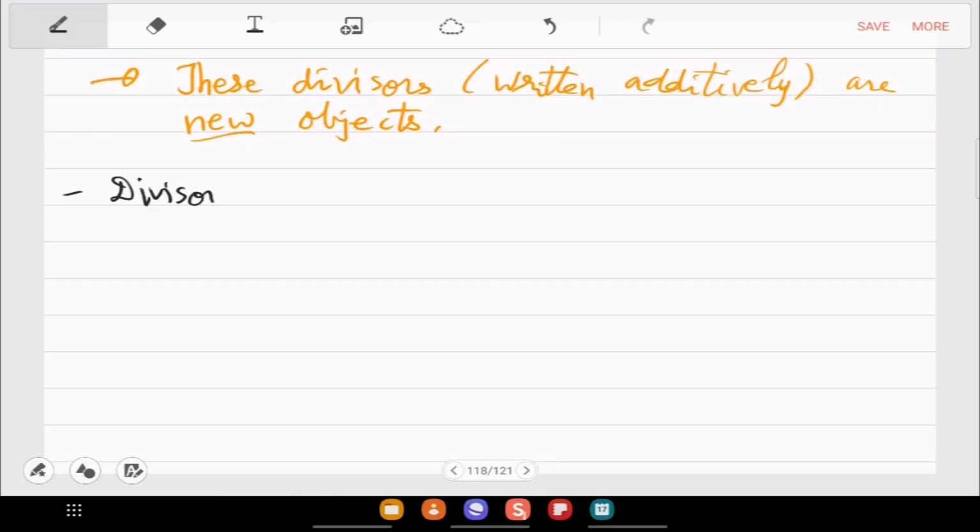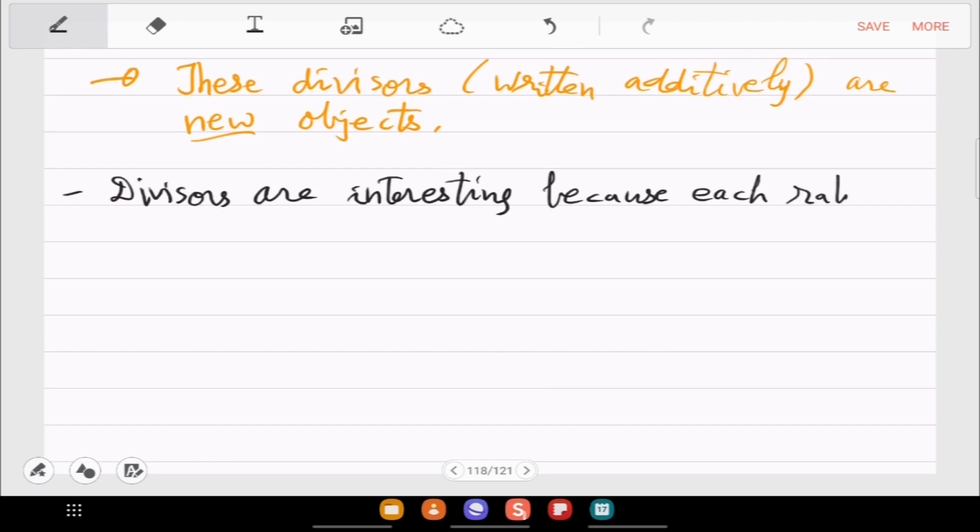So divisors are interesting. Because each rational function x in K star has an associated principal divisor.